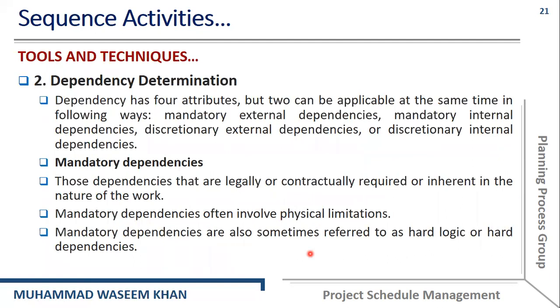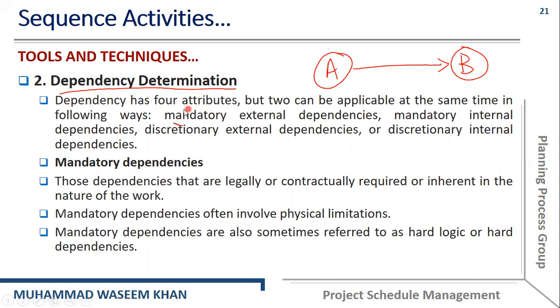Then we have the dependency determination technique. So dependency has four attributes, but two can be applicable at the same time in the following ways. So we have mandatory external dependencies and mandatory internal dependencies. We have discretionary external dependencies and we have discretionary internal dependencies. So if you want to remember it easily, you can divide the dependencies into four.